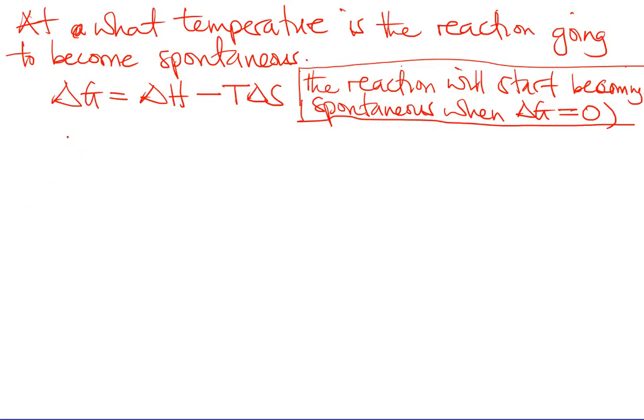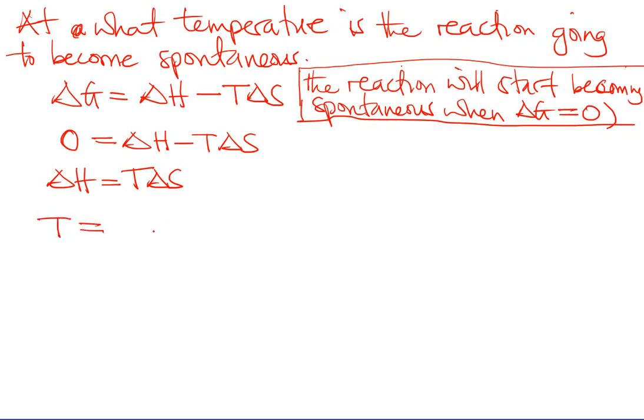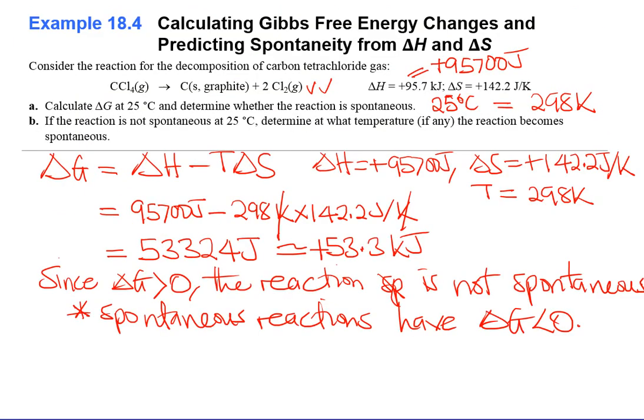So what do I mean? I mean you want to say here 0 is equal to delta H minus T delta S, which means delta H is equal to T delta S, and that means T is equal to delta H divided by delta S. Now let me get the numbers again.